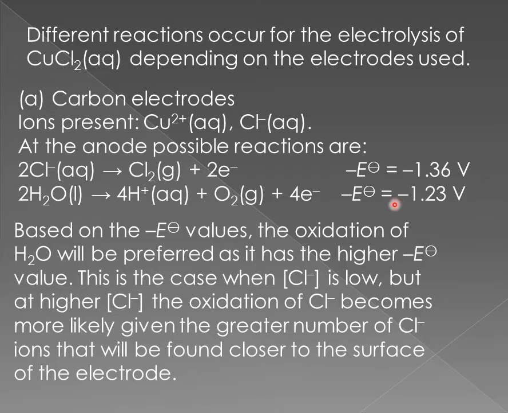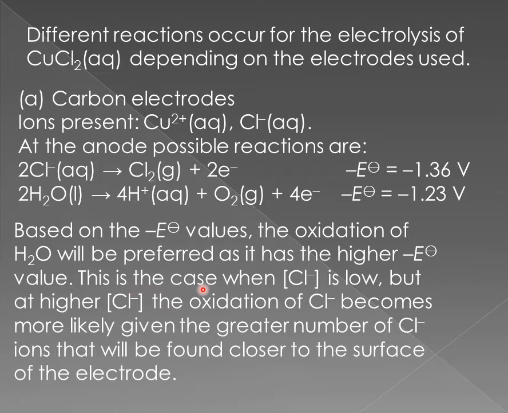The values of the standard electrode potential of both are negative 1.36 and negative 1.23. So water is higher, and the oxidation of water will be preferred because its standard electrode potential is higher.